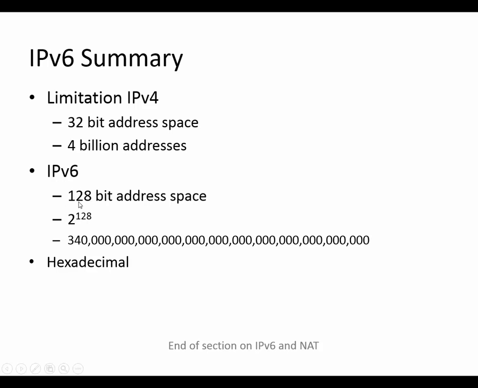IPv6 has a 128-bit IP address space, and that gives us 2 to the 128 potential IP addresses, which is 340 trillion IP addresses, which is plenty of IP addresses. And the only tricky part is that it is written in hexadecimal. And this concludes our section on IPv6 and NAT.